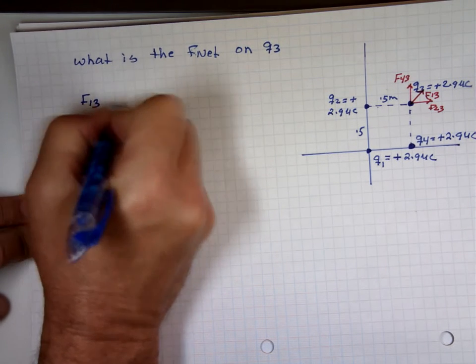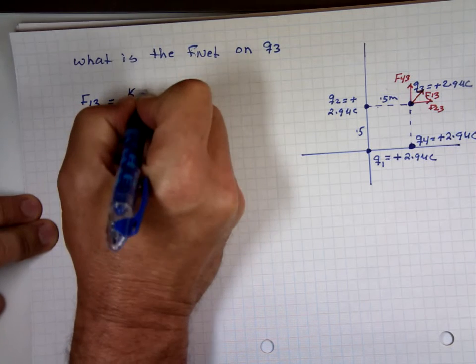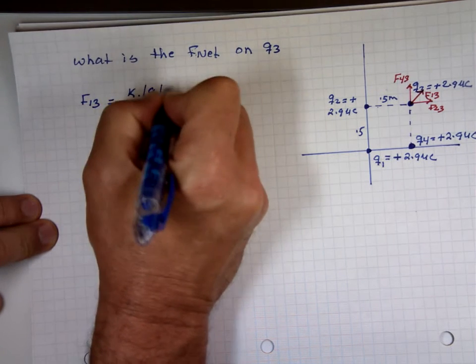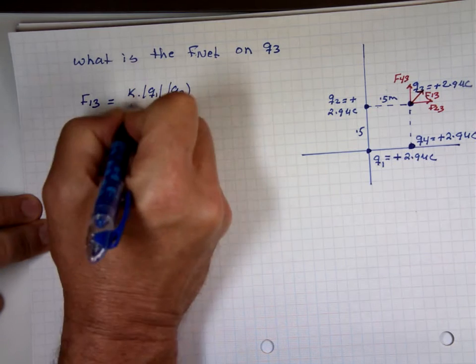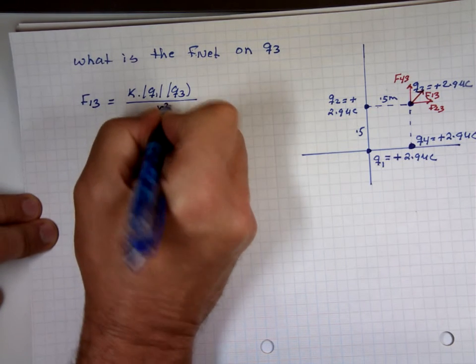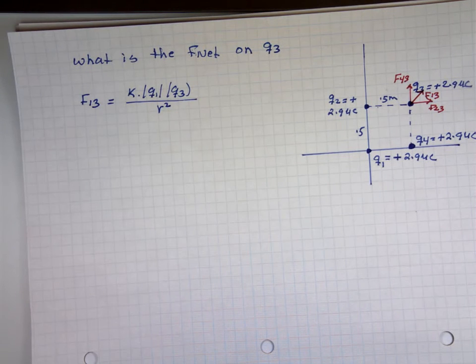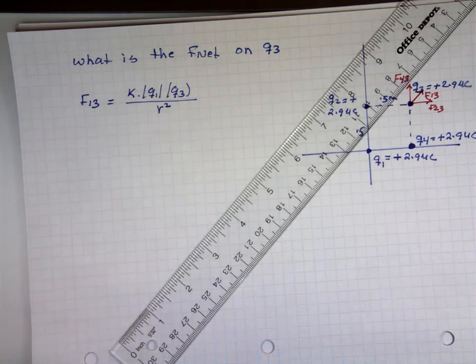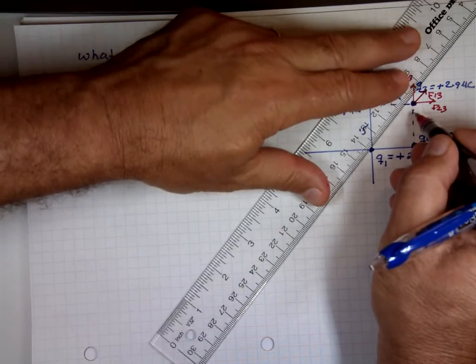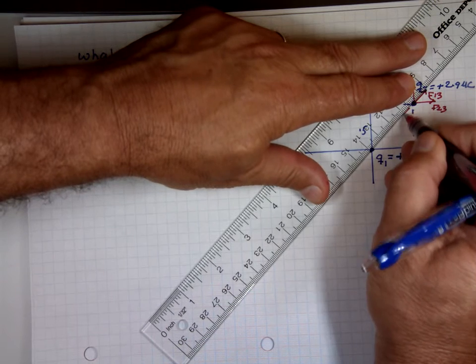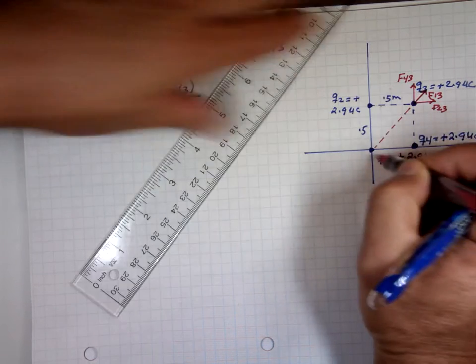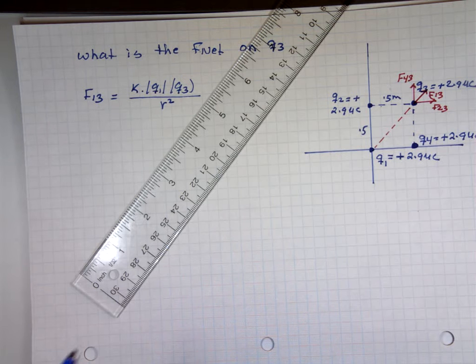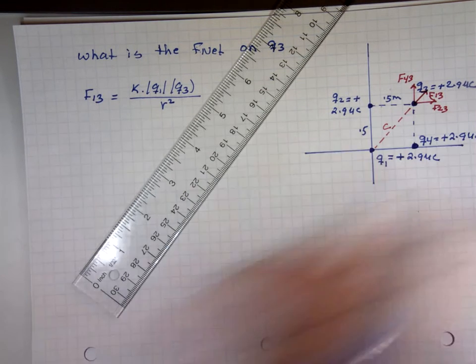K times Q1, Q3 over R squared. Well, R is a problem here. What is that distance from 1 to 3? What's that distance from here to there? Let's call that C. Don't you have a right triangle there?